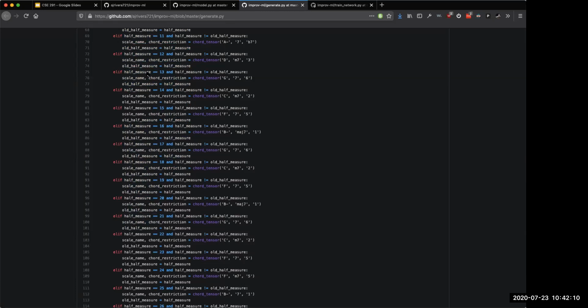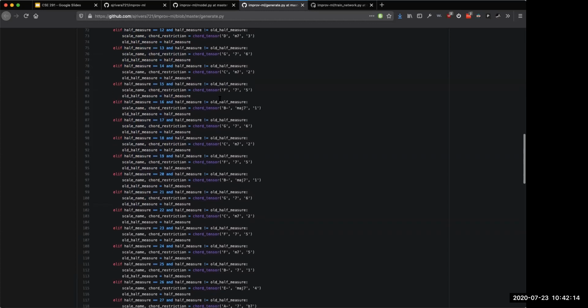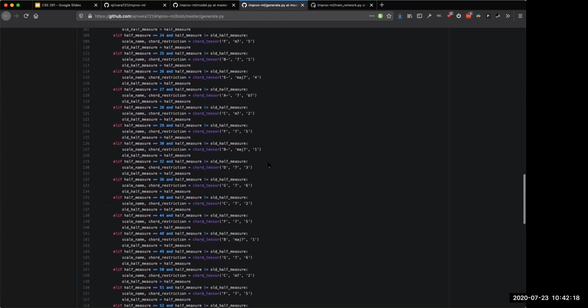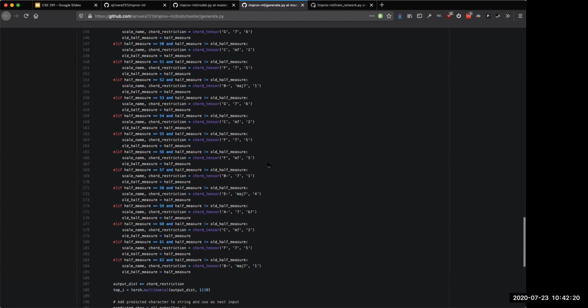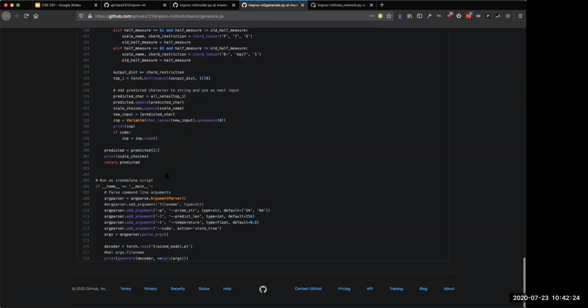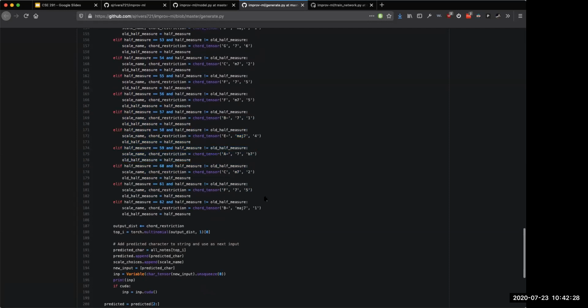And so we went through each half measure and assigned a chord to the final fully connected layer so that we had the note restriction as it was making its predictions. And so then after all of these were defined, it would run through the whole network and make predictions and generate our solos.